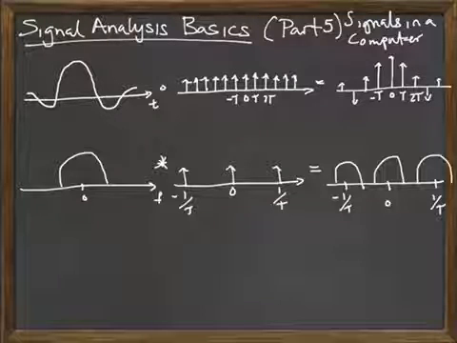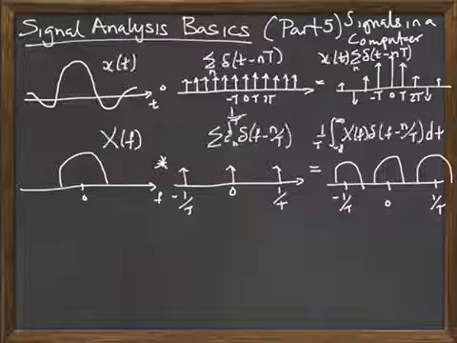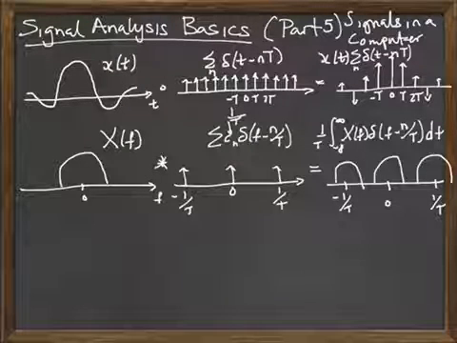Now if we do the Fourier transforms to go to frequency, these are what those signals would look like in the frequency domain. X of t in time would become X of f in frequency.